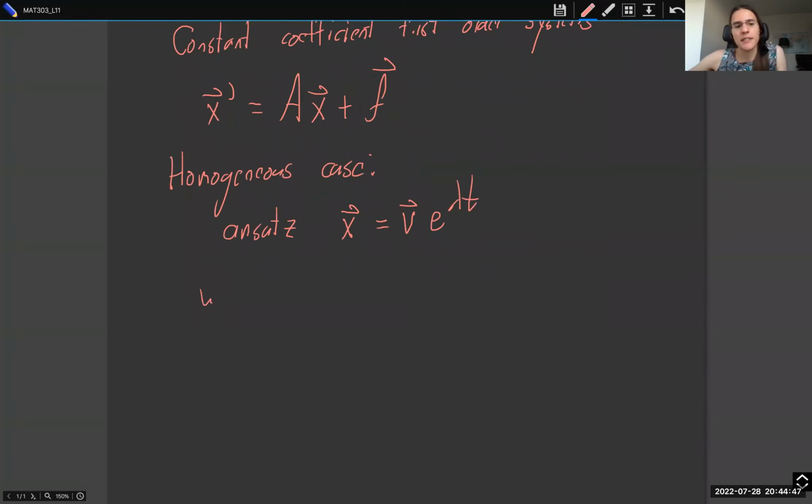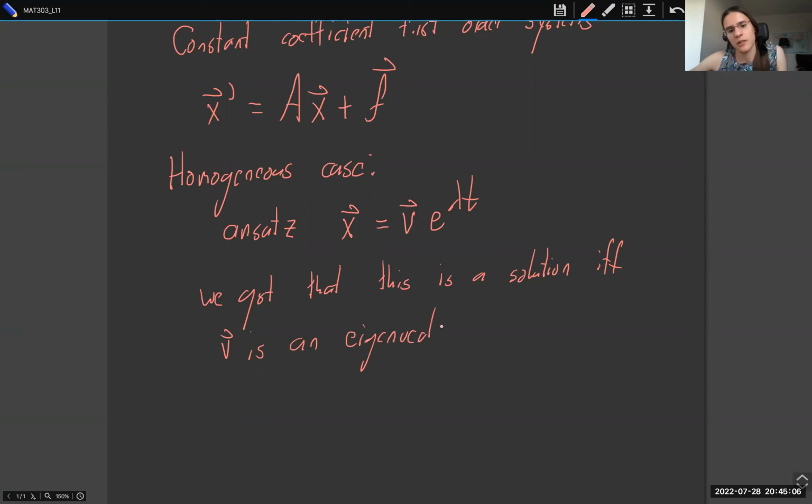And then we got that this is a solution if and only if v is an eigenvector of A with eigenvalue lambda. So that's when this happens.